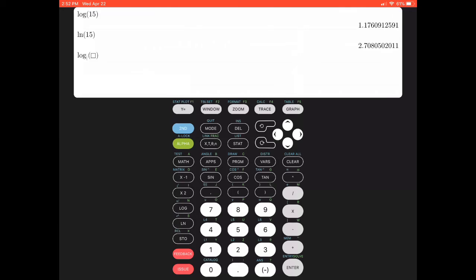All right, so I have a log, and then it's got my little cursor for my base. So I'm putting in my base, which was 2, and I was trying to find the log base 2 of 1/8. So I just hit enter, and we find that the answer was -3, so we were correct.